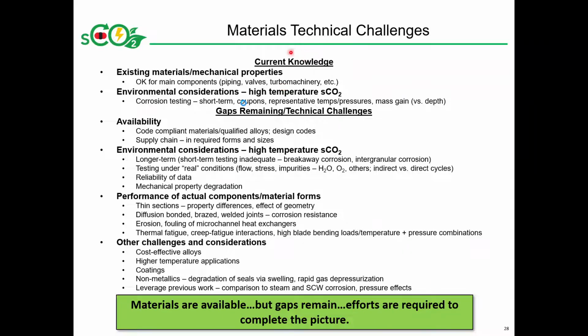But when I talk about current knowledge, what I'm talking about there is existing materials being available with known mechanical properties. And for the most part, as we saw a couple slides ago, this material and mechanical property database is pretty good for the main components, the piping, the valves, the turbomachinery components, that sort of thing.